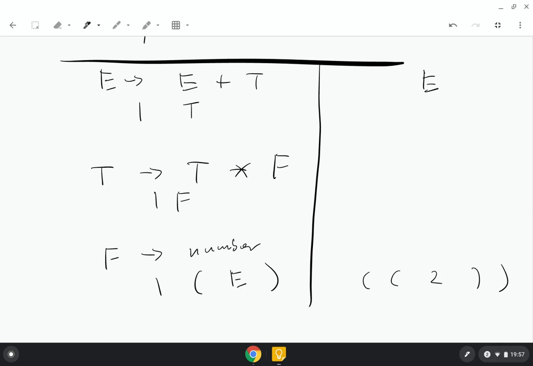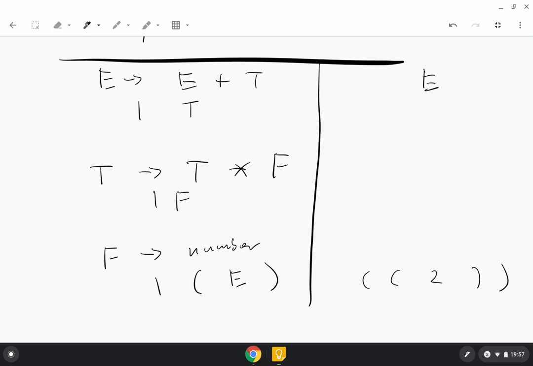So what is the first production that gets applied? Say again? LP, RP. Say again? LP. So which production of E has a parenthesis in it? So remember, we're trying to replace E with one of E's productions.